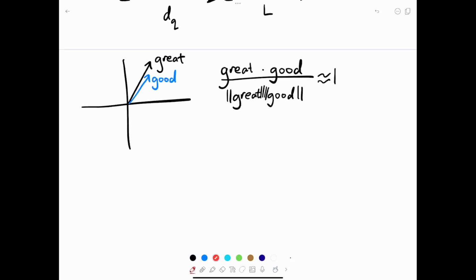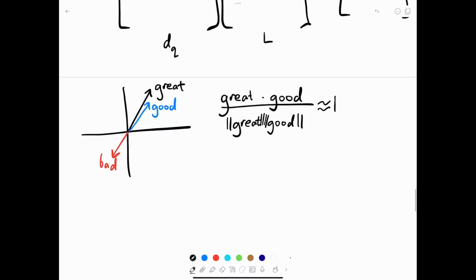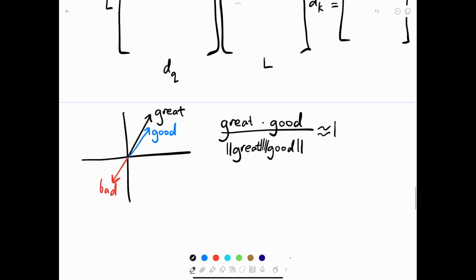And as an alternative example, the vector bad might be in the other direction. And so the cosine similarity or normalized dot product between great and bad might be closer to -1 instead. And so the idea is that by taking a dot product between vectors, we'll get a similarity score.